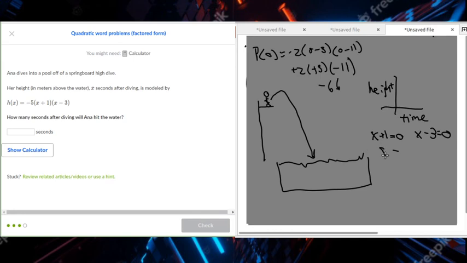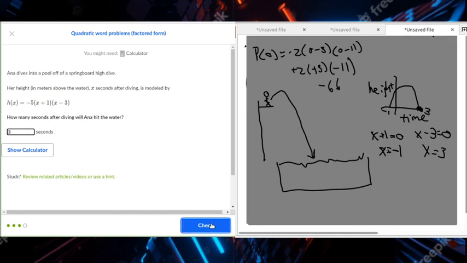So either x is equal to negative 1, or x is equal to 3. So here it is, and I'm at either negative 1 or 3. So I know that when she hits the water, it's going to be that bigger one, and it's going to be 3 seconds.